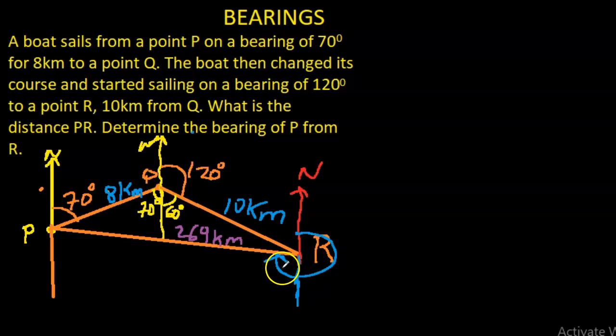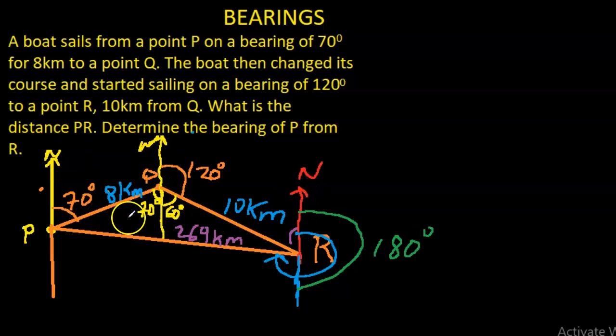Now how can we get this angle? From here to here, I'll put it in green, is 180 degrees, a straight line. We know this angle is alternate, because remember these lines are parallel.